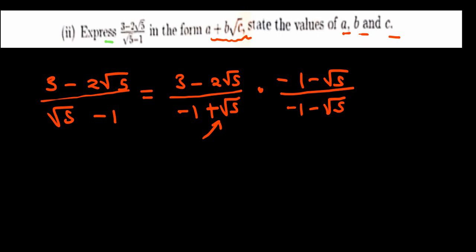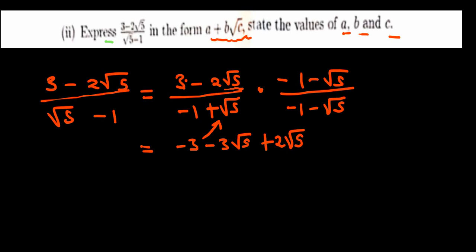From there we just have to expand this. 3 multiplied by minus 1 is minus 3. 3 multiplied by minus root of 5 is minus 3 root of 5. Then minus 2 root of 5 multiplied by minus 1 is plus 2 root of 5.